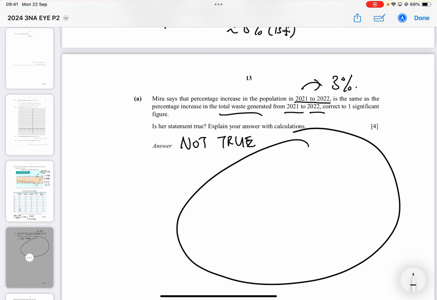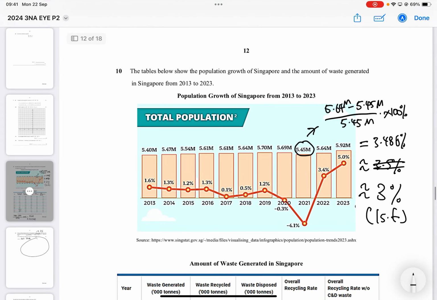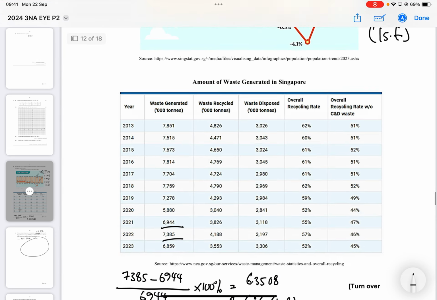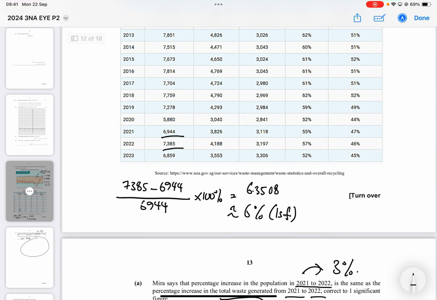Can understand? She said they are the same, but we calculate one is 3, one is 6, not the same. So your answer must have calculations, and the calculations are these two. Calculate the percentage of population and also calculate the percentage of the waste.